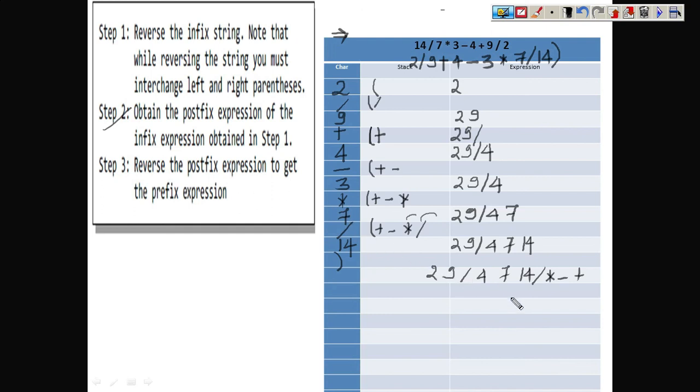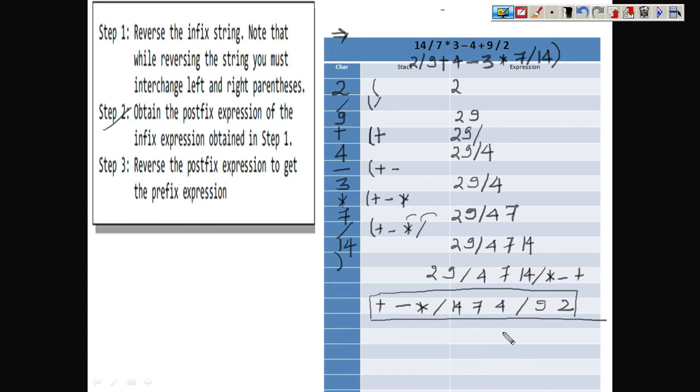Whatever expression we have got, just reverse it, and what we get is plus, minus, multiply, divide, 14, 7, 4, divide, 9 and 2. Now this is our prefix expression. We already got this in our first method also, we get the same expression, and in this method also we get the same expression, and this is how we can convert infix to prefix.